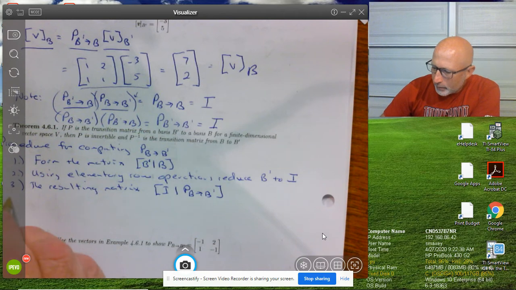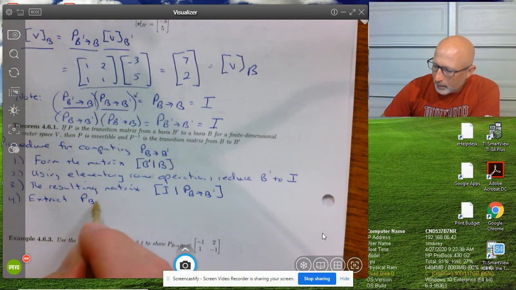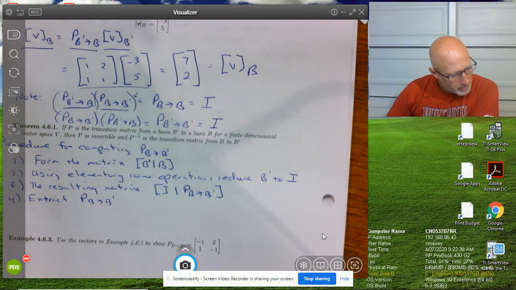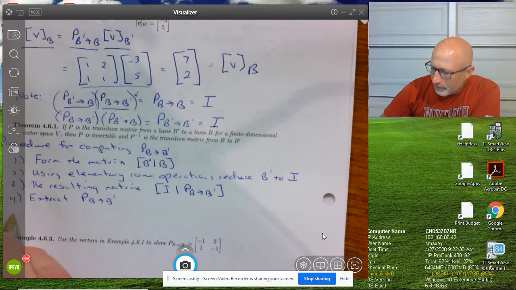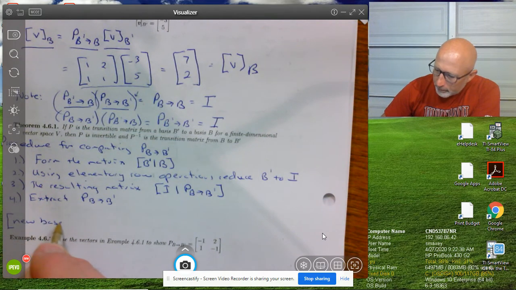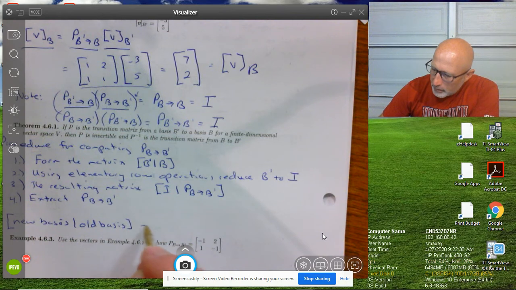Okay, and then the last one, which is kind of stupid to write down, is extract that transition matrix out of there from B onto B prime. Okay, so we can write this up as a flow chart. So we're going to take the new basis, augmented with the old basis, and we're going to do some row operations on here.